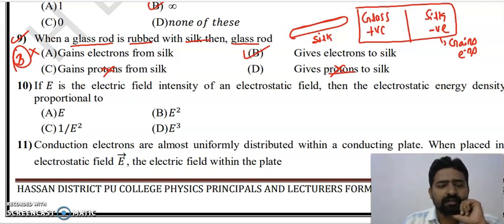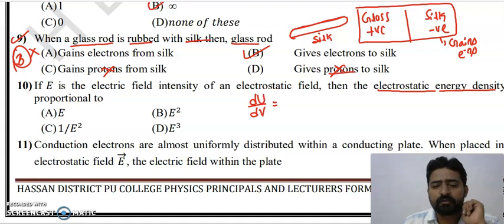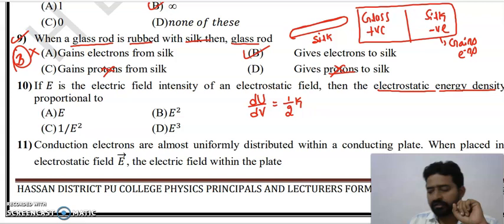The 10th question: if E is the electric field intensity of an electrostatic field, then the electrostatic energy density is proportional to what? Electrostatic energy density means du by dv is equal to 1 divided by 2 times epsilon naught E square.